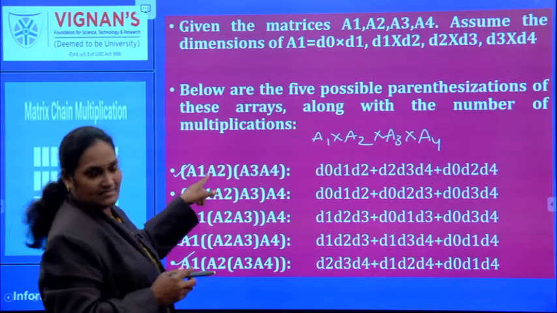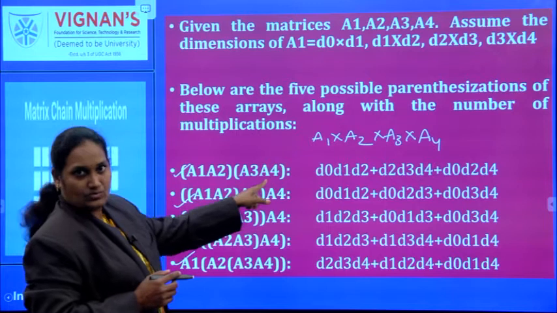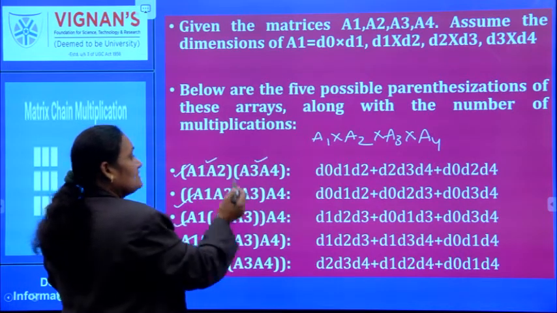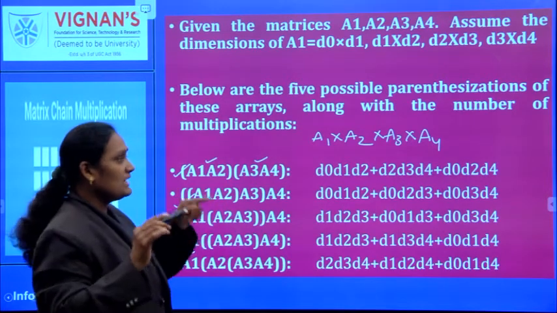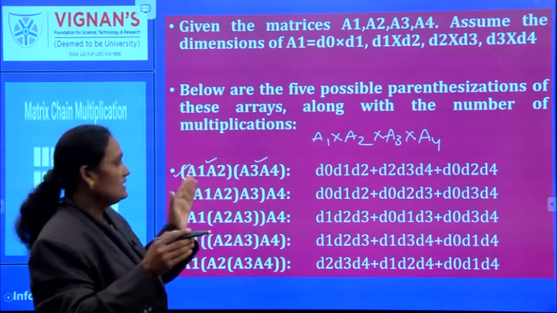This is the first parenthesization, which is nothing but (A1 into A2) into (A3 into A4). First I am performing A1 into A2, then A3 into A4. These 2 results are again multiplied. Now, how many multiplications are required to complete this entire multiplication? Let us see.